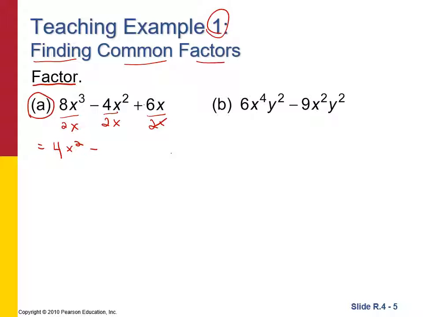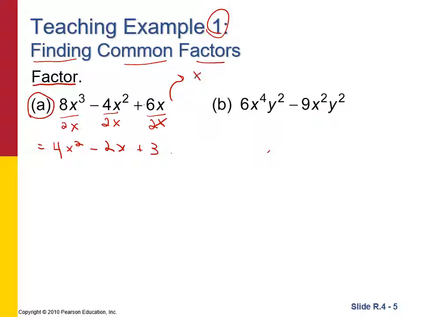4 divided by 2 is 2. x squared over x leaves us with x. 6 divided by 3 is 3, and x divided by x is just 1, right?